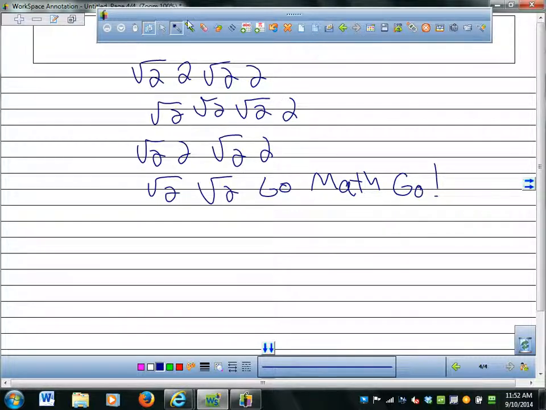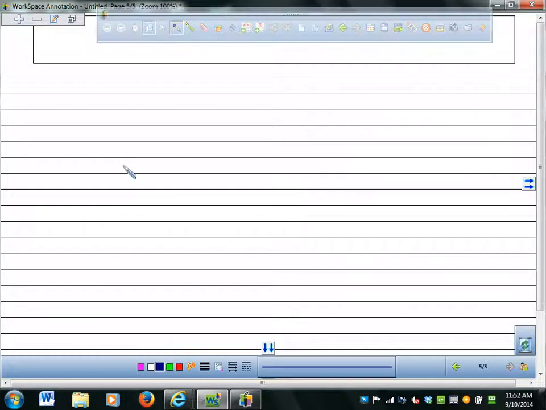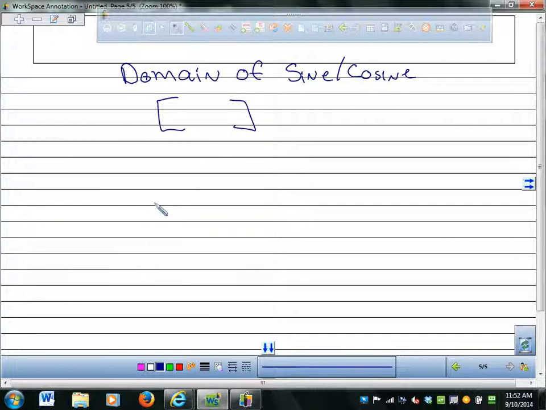All right. So anyway, that's math here, and it comes up a lot in trigonometry. So the domain. We'll talk about the domain and period of the other trig functions, but for right now, we're just talking about the domain of sine and cosine. Who can tell me what the domain of sine and cosine are?